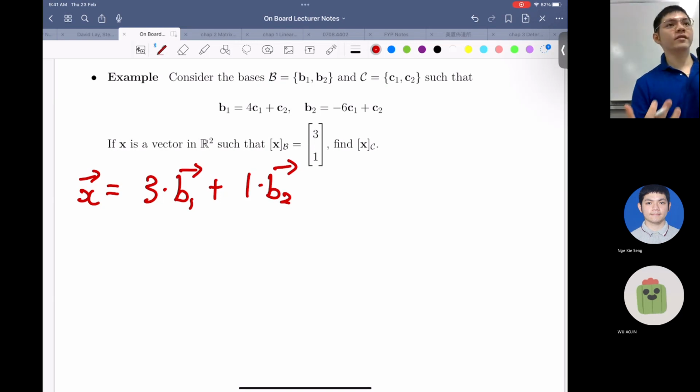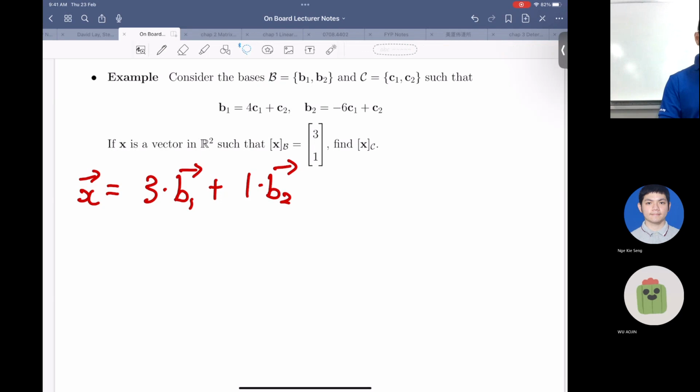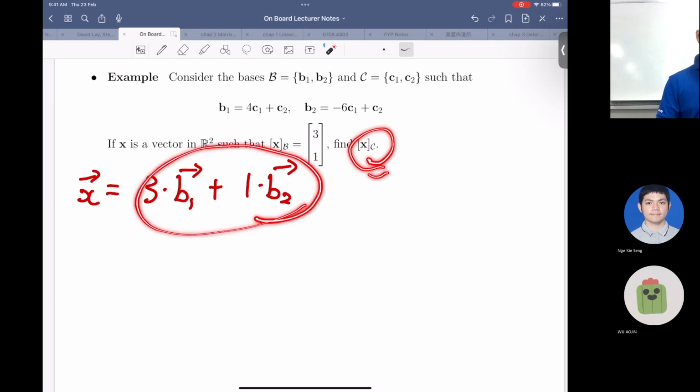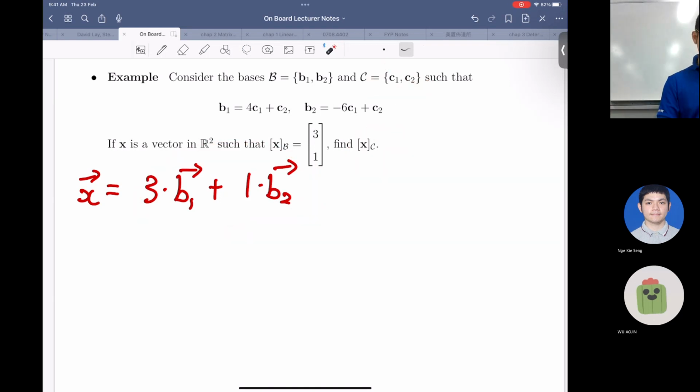That is what the coordinate vector tells us. Now you want to find it in terms of C. Can you go from B to C or not? How? Using the information given here.